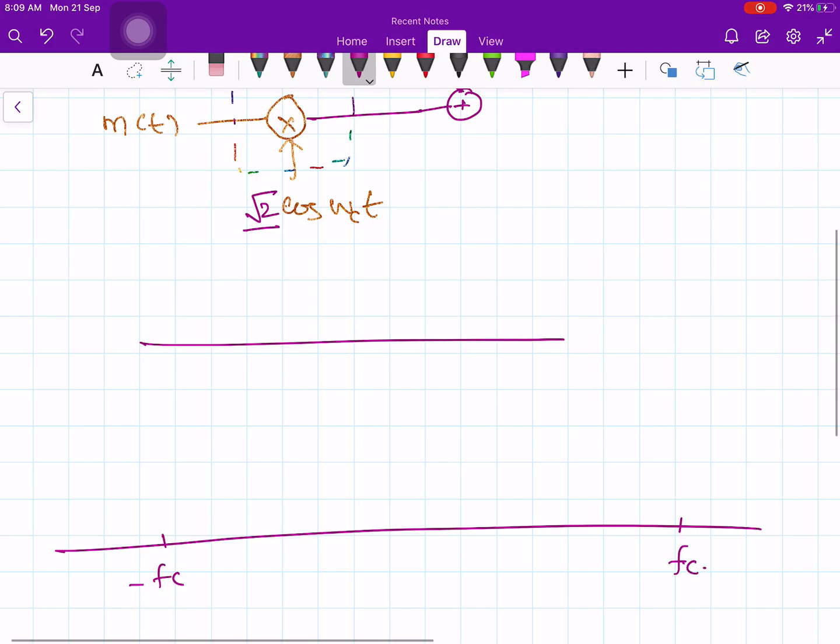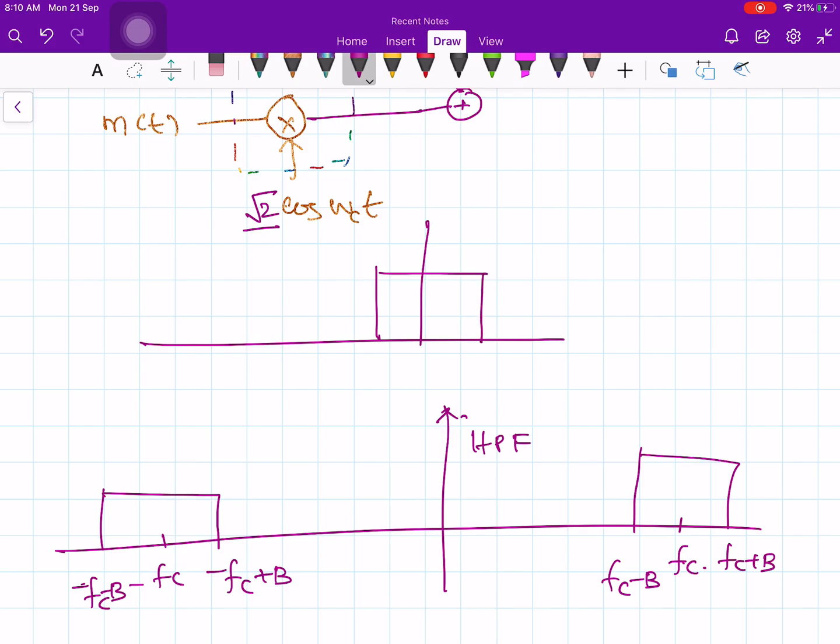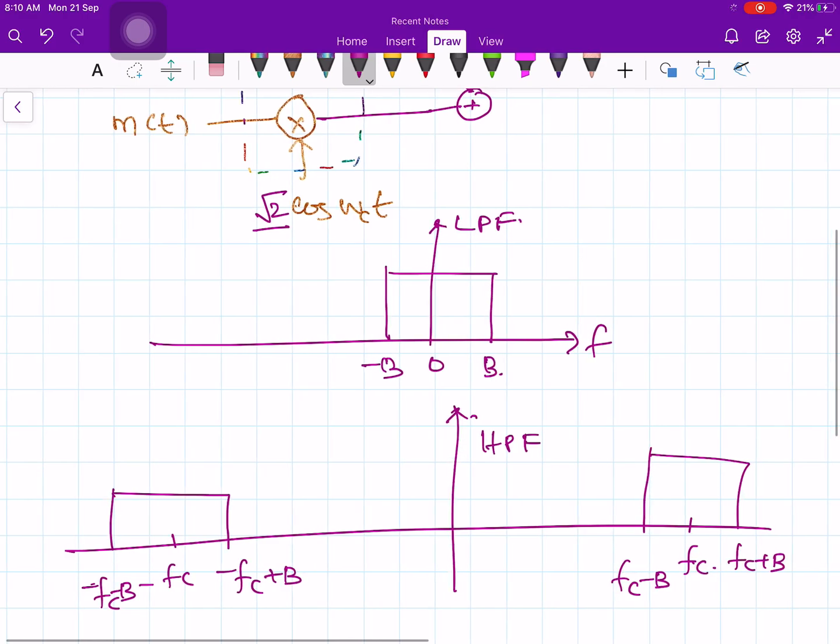So here the band edges will be minus Fc minus B and minus Fc plus B, and here Fc minus B and Fc plus B. If you draw the low pass filter, then it will be from minus B to plus B. So now the channel is modeled as an ideal band pass filter.